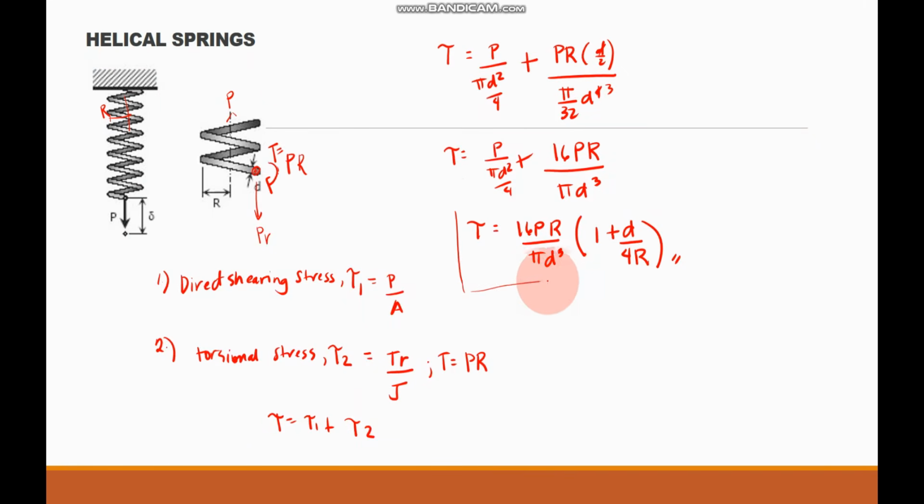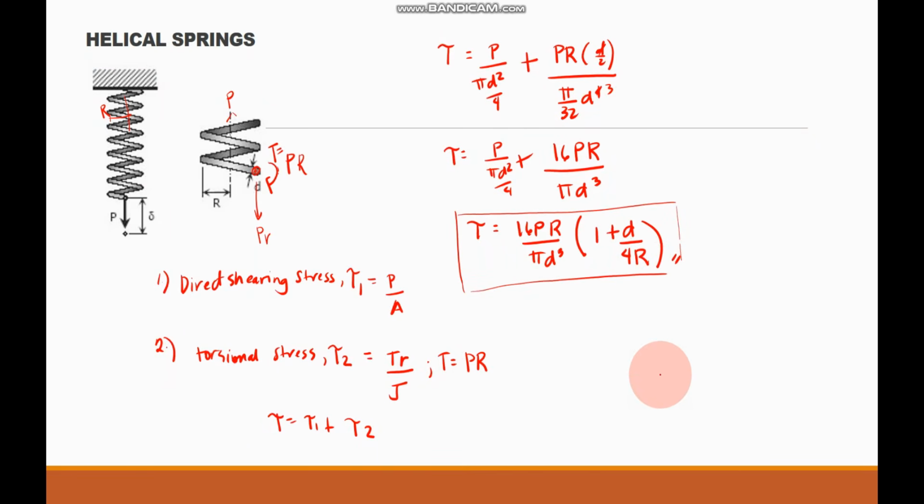This is the formula we will use in determining the maximum shearing stress of our helical spring, in which the maximum shearing stress is equal to 16 multiplied by the applied load multiplied by the mean radius of the helix divided by pi, the diameter of the wire, raised to 3 multiplied by 1 plus the diameter of the wire divided by 4 multiplied by the mean radius of the helical spring.